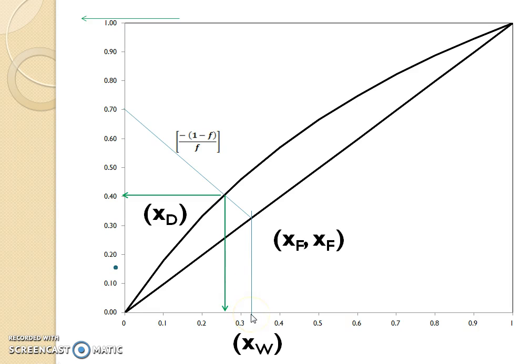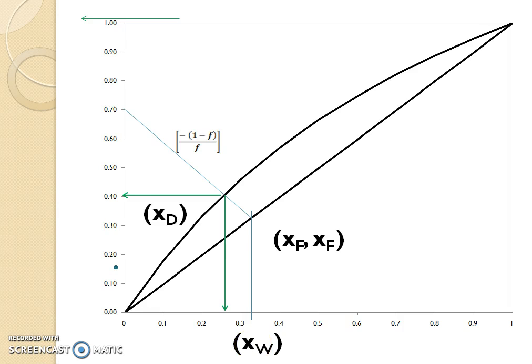At the point of XF, draw a vertical line; it will cut the diagonal line at a particular point. That point becomes the feed position of the material. From this feed position, with the help of the slope of minus (1 minus f) by f, draw the operating line. It will cut the equilibrium line at a particular position. That position gives the corresponding values of YD or XD and the corresponding values of XW.